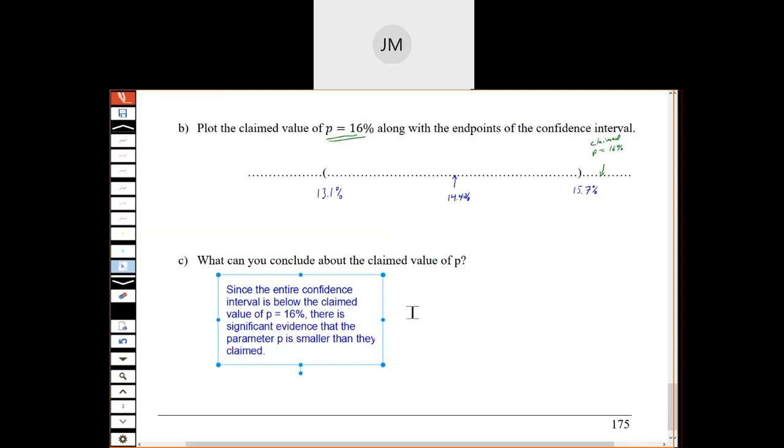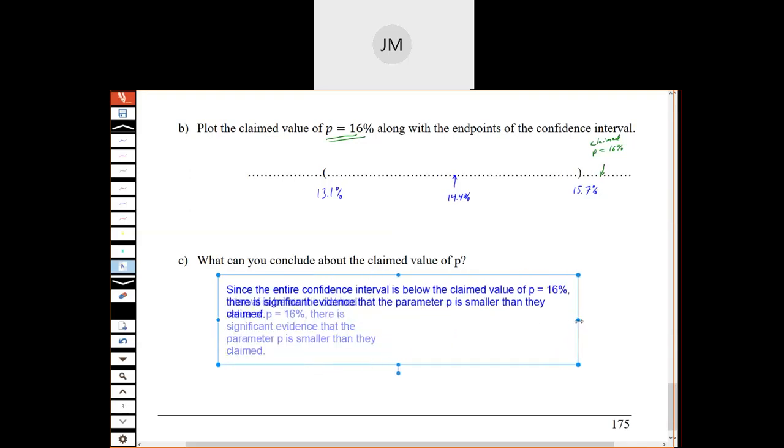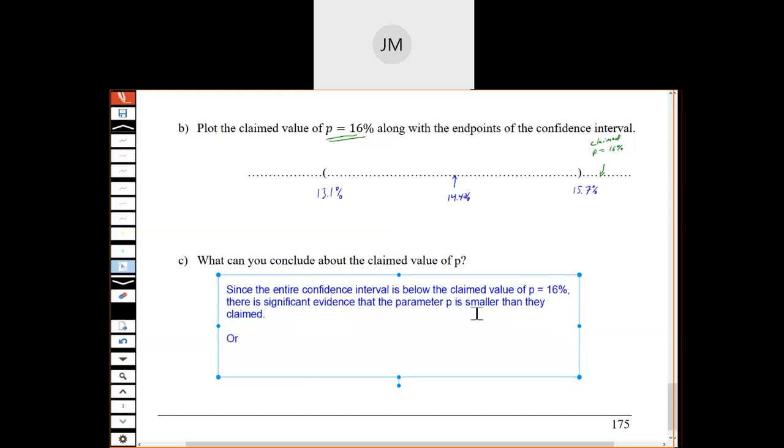Or another way to say that in context here, what we could say is we have evidence that less than 16% of peanut M&Ms are green.